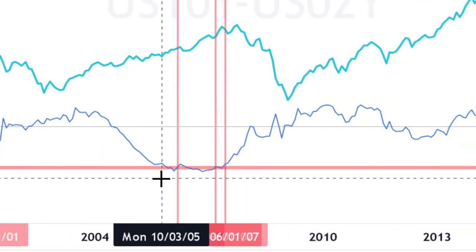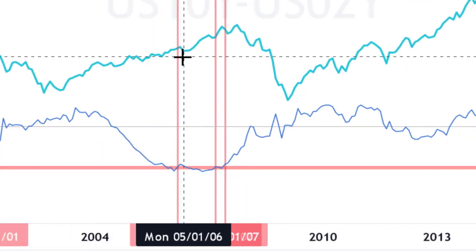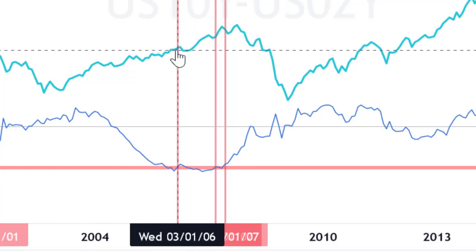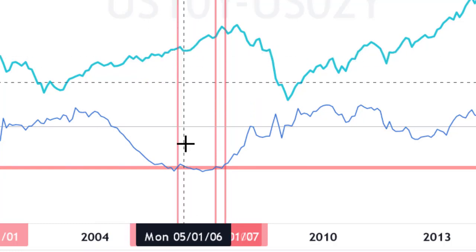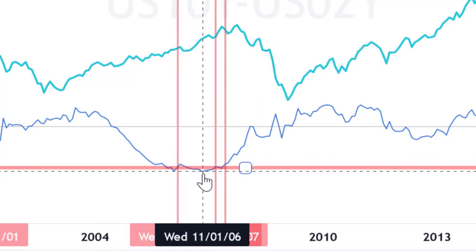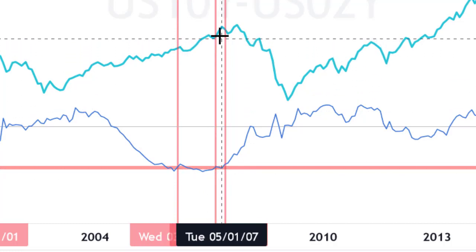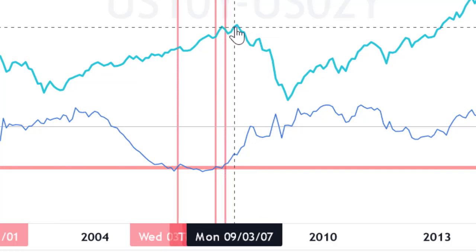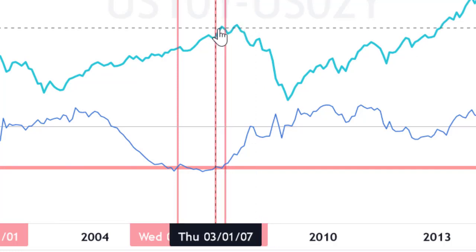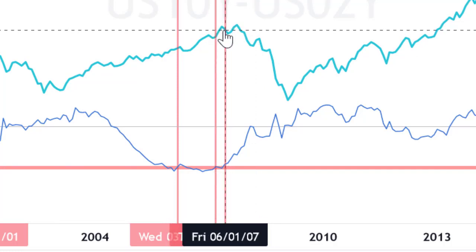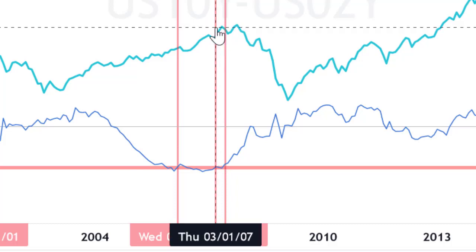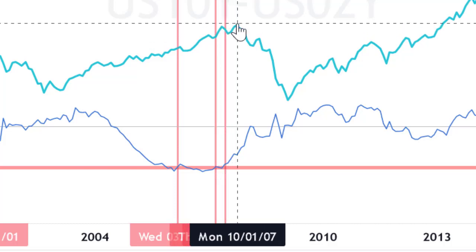If you come here, we had a drop, and we had a small pullback right here, but then it dropped and inverted again, and then it popped back up. Then it gave us a double top. We got 2 inversions, and those were inversions righted above the 0 line. When that happened, we put in an M for murder.